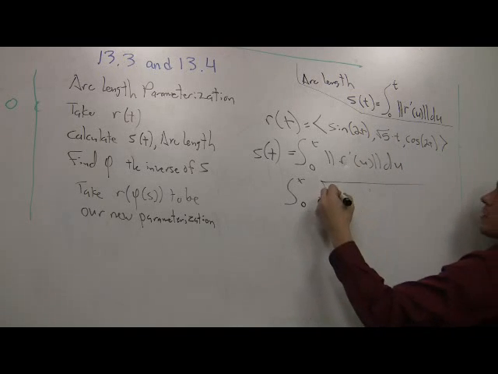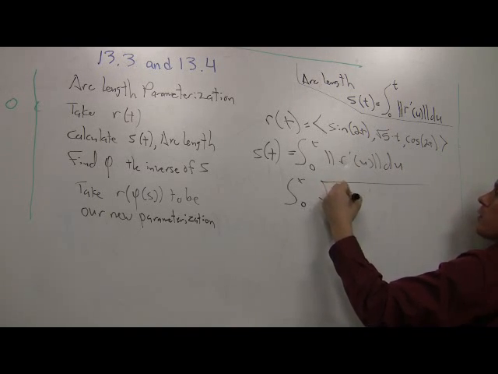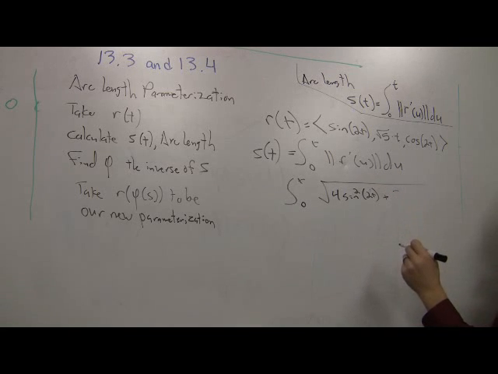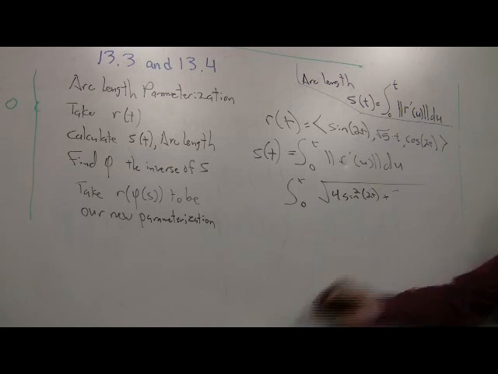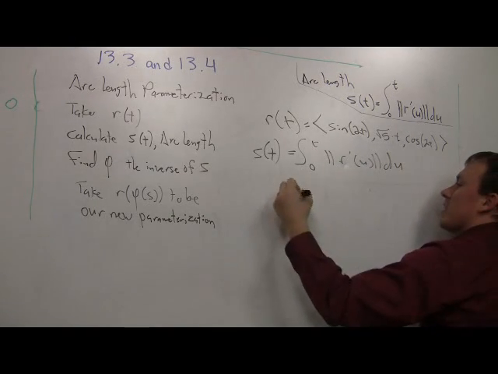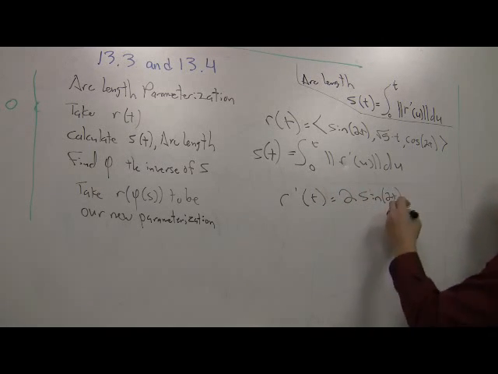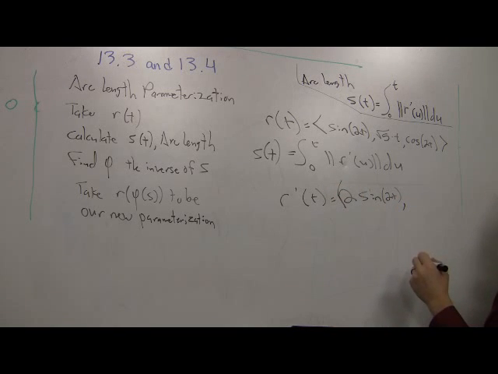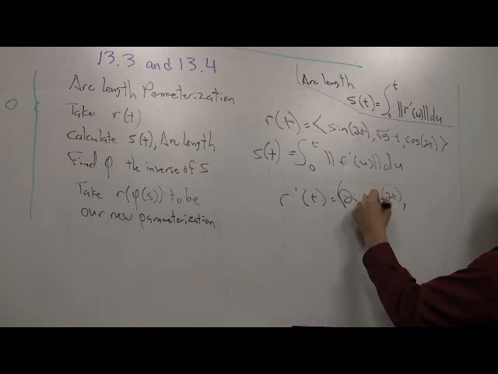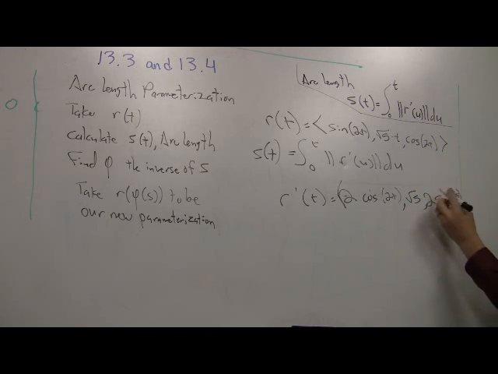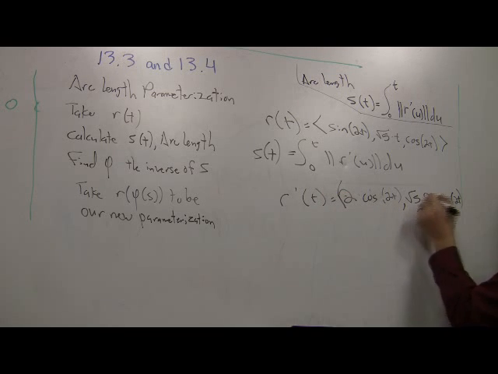The magnitude is the square root of all these derivatives squared, so derivatives first. r prime of t: the derivative of sine 2t is 2 cosine 2t, the derivative of root 5 t is root 5, and the derivative of cosine is negative sine, so negative 2 sine 2t.